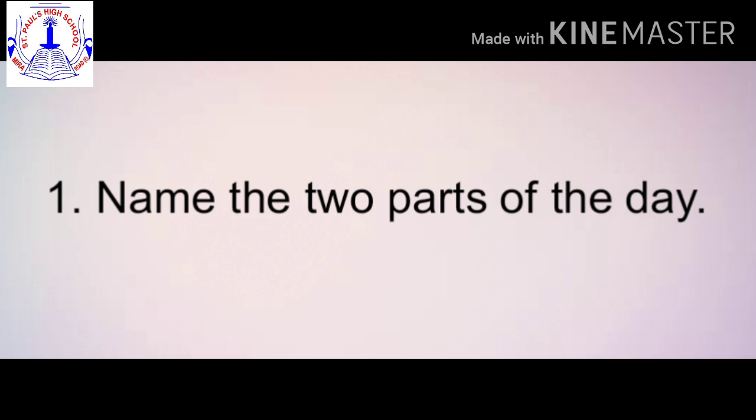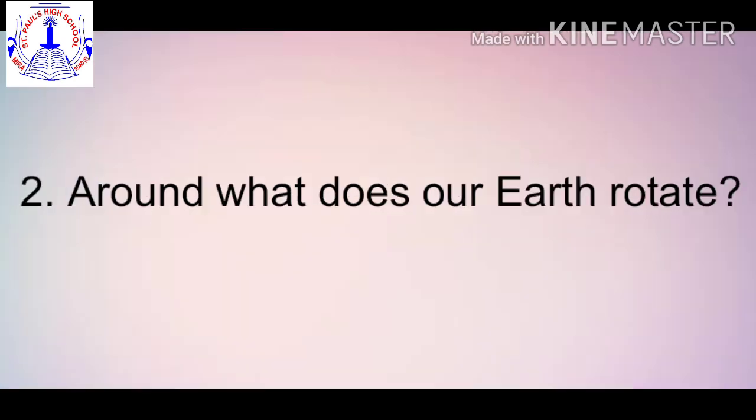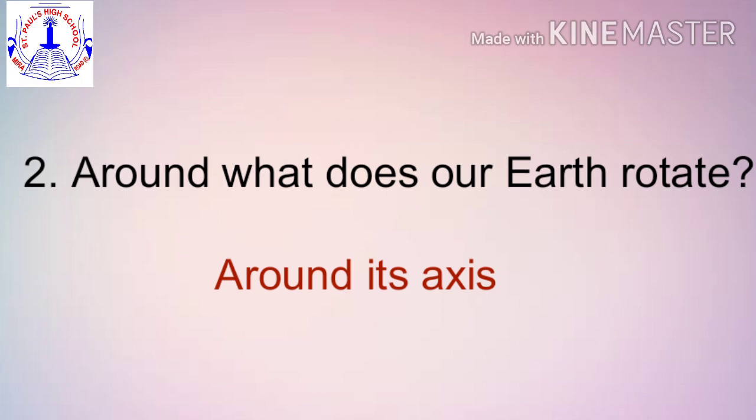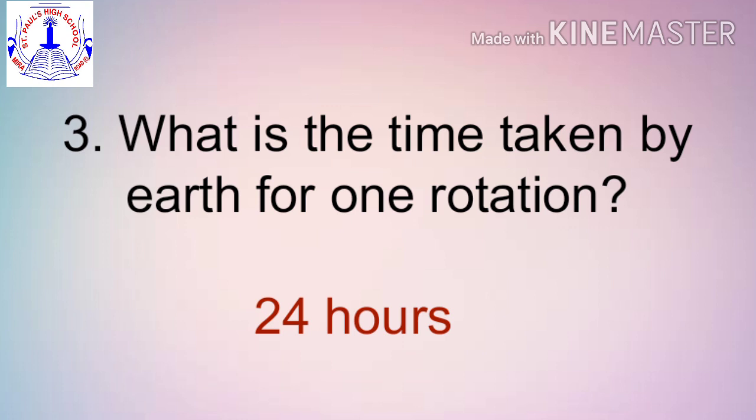Yes, right. The answer is day and night. Second, around what does our earth rotate? Correct. Around its axis. Third, what is the time taken by earth for one rotation? 24 hours.